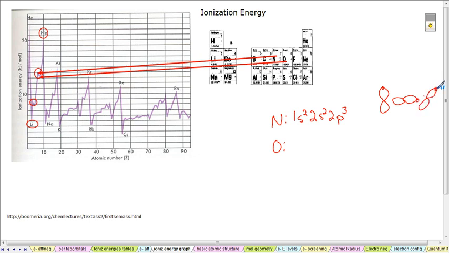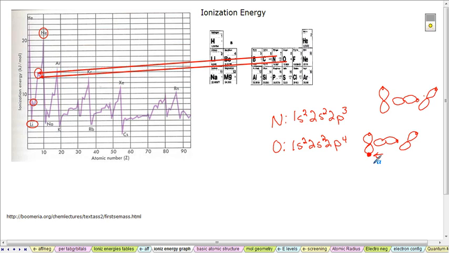Again, excuse my poor drawing abilities. Now when it comes to oxygen, we have 2p4. And what this tells us is that, again, we have electrons in each of the p orbitals, but one of the p orbitals has an extra electron.